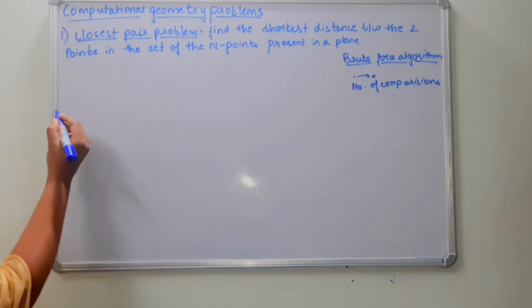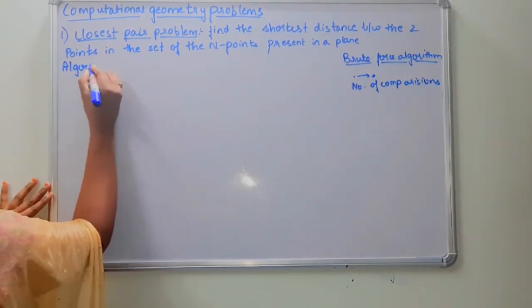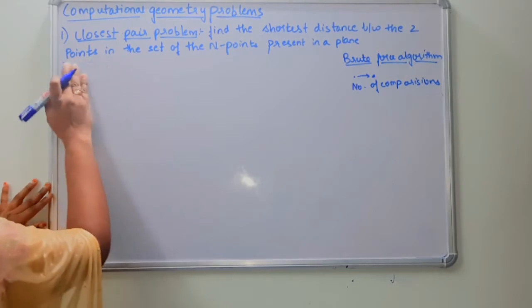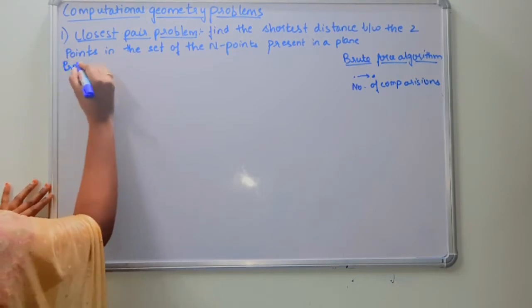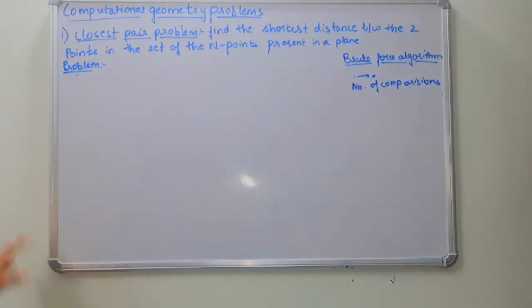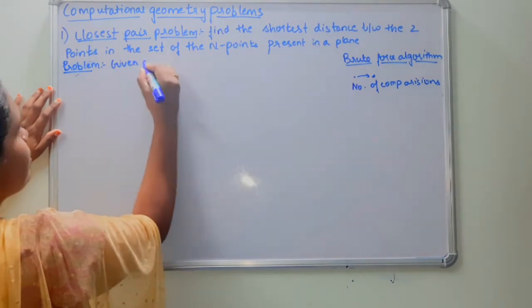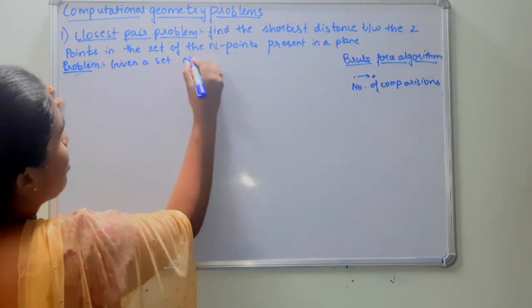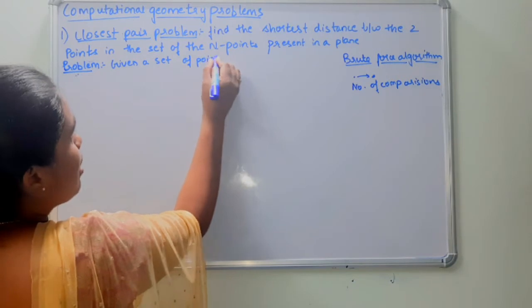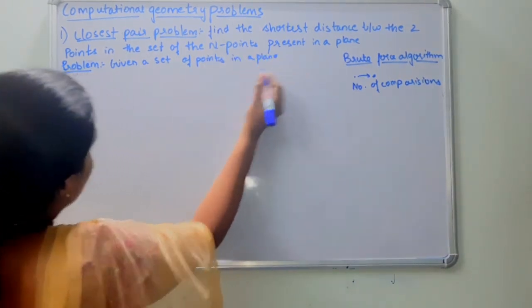Now let's get into the algorithm. How this closest pair problem works. Let's take a question: given a set of points in a plane.